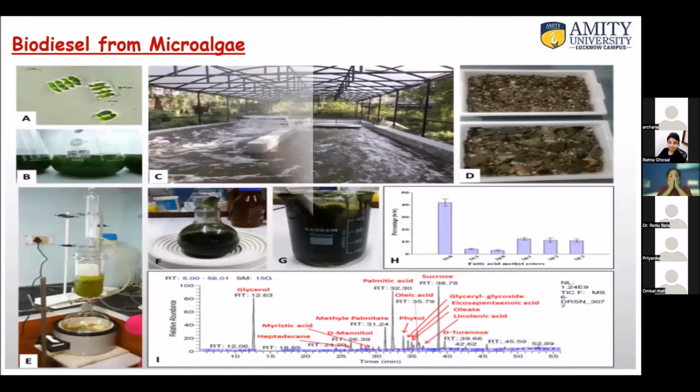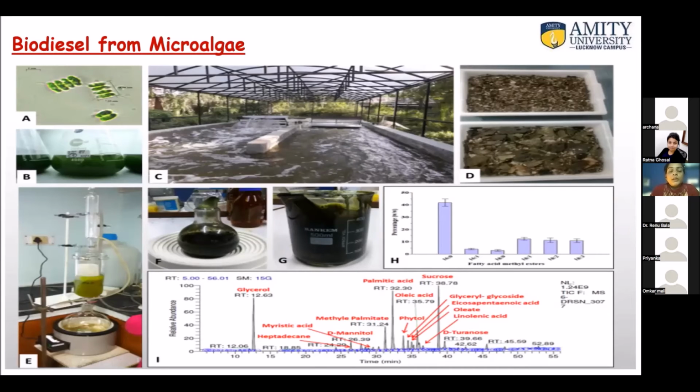Now, lastly, when we are using different wastewater like sewage or any other wastewater, ultimately we are producing biomass. So what to do with this biomass? After producing this biomass, we can also produce different other energy carriers from it. We can grow the algae in wastewater, and then we can harvest them. We have a raceway pond in Lucknow at CSIR-NBRI.